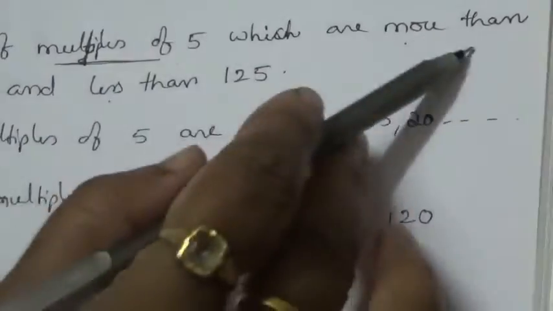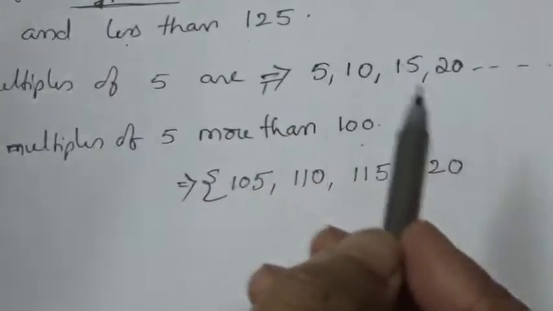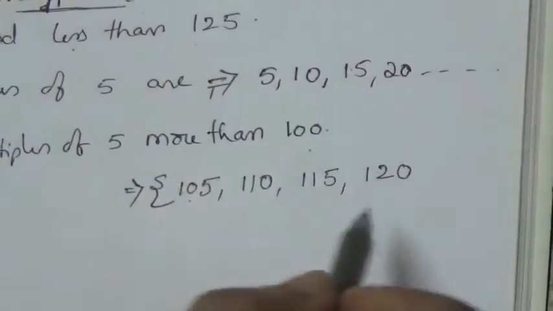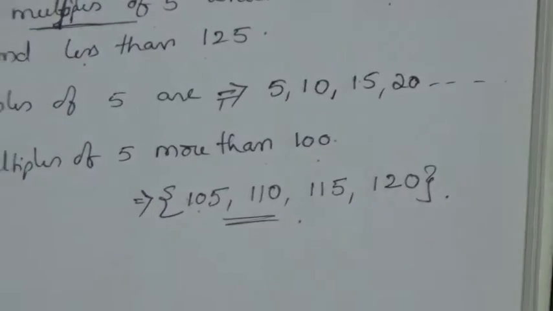And don't write 100, because it is more than 100, which means not 100. More than 100, less than 125. So the last one is 120. That's it. It is the solution, right?